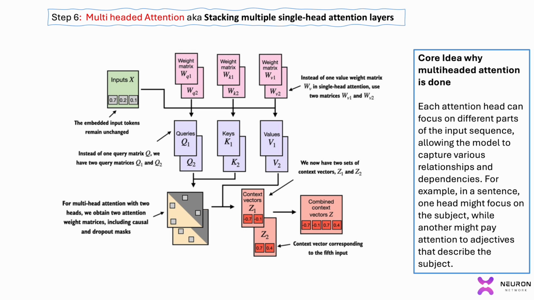Once the context vector is created, the last step is this: this is how one attention module is built, right? If we have to do multi-headed attention, we are stacking all these attentions in parallel, right?